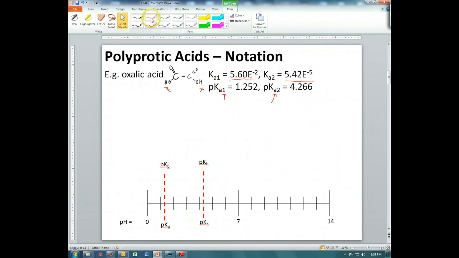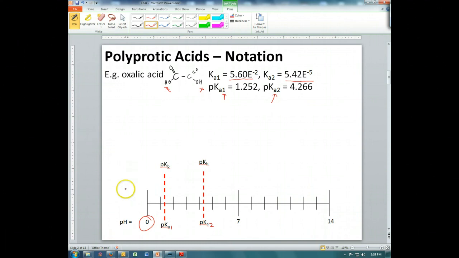Okay. Now, for our first proton, this is going to be pKa1. For the second one, this will be pKa2. When we're talking about the pKa scale, we start counting from the pH equals 0 side and work our way across. That's going to be the order that they dissociate as you get more and more basic in your solution.